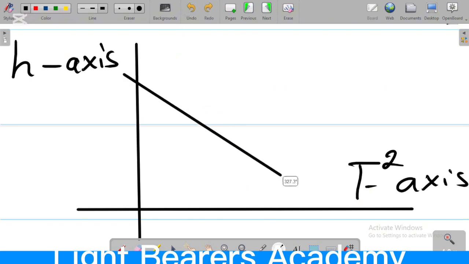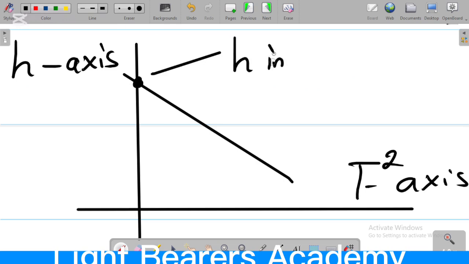Your line of best fit goes like this. Take note of this. The point where the line of best fit meets with the h-axis is known as your h-intercept. The point where your line of best fit crosses your h-axis is known as your h-intercept. So let's call here h-intercept. There is known as h-intercept.